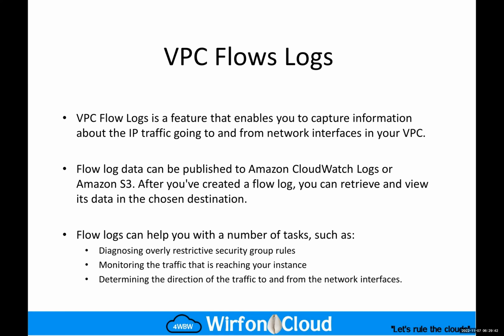So if a request comes through your internet gateway and goes through your router, it's evaluated at your subnet with the NACLs and also the security groups, and it's routed to a particular instance.